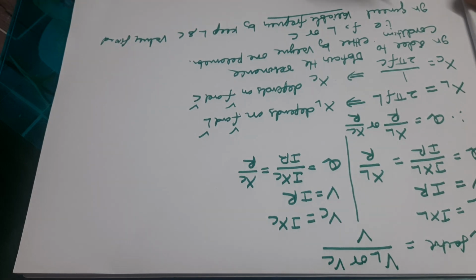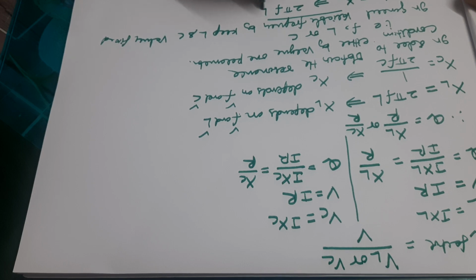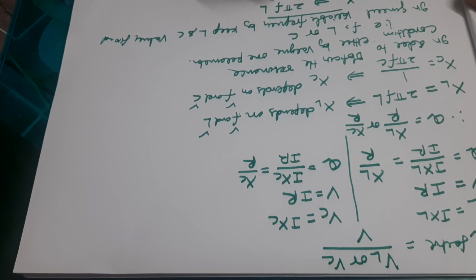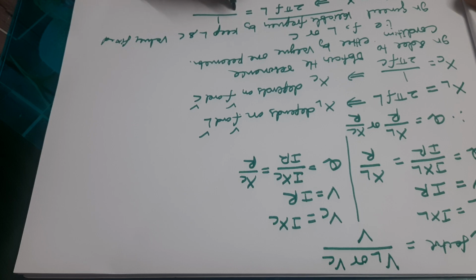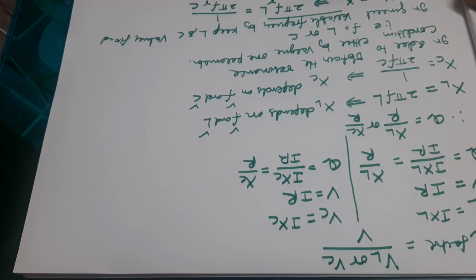Is it clear? Suppose we have obtained the resonance condition at a particular frequency. That means XL matches with the value of XC. What is the value of XL? 2 pi FL. This is at a particular frequency, which we can denote as FR, where FR or F0 is the resonance frequency.